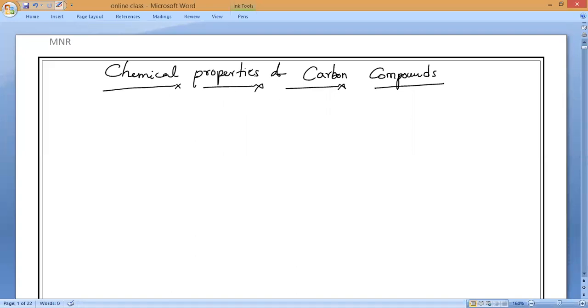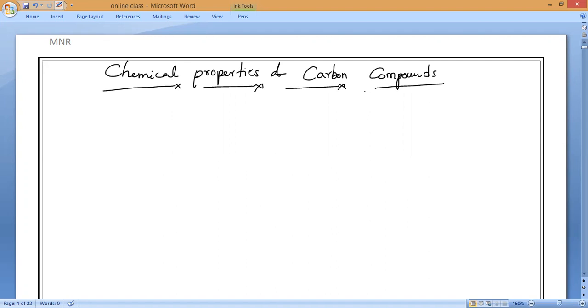Now coming to the chemical properties of carbon compounds, we will involve these carbon compounds in certain chemical reactions like oxidation, reduction, and different kinds of reactions we studied in the first chapter, and we'll analyze their properties.